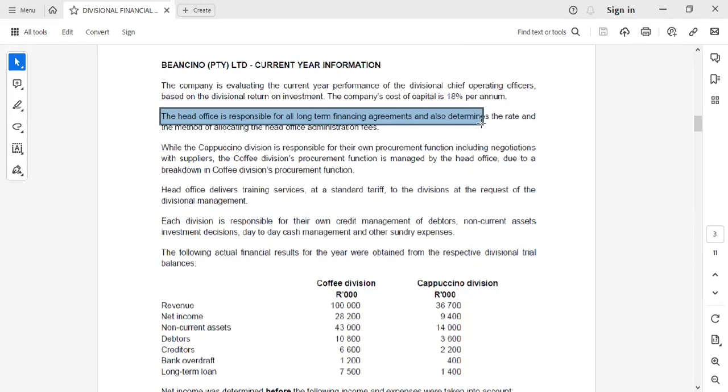At the end of the day, the management of the divisions do not affect decisions relating to long-term loans. So the interest related to the long-term loans will be regarded as an uncontrollable cost.